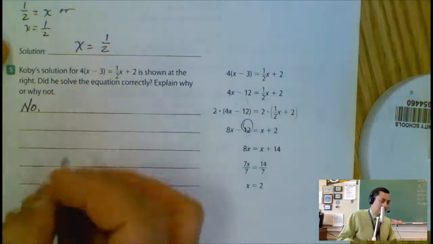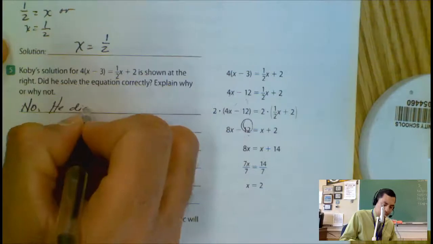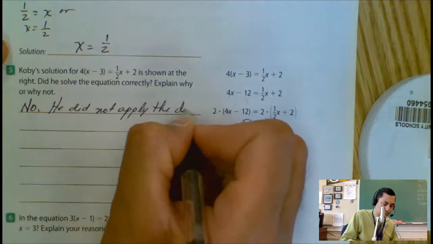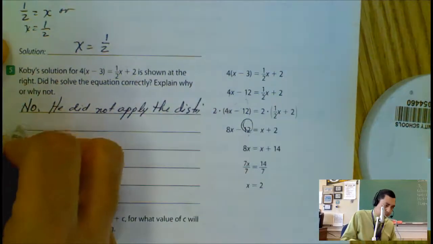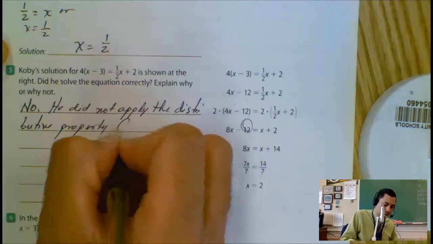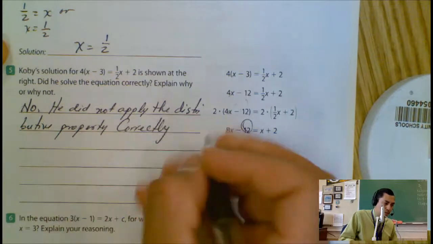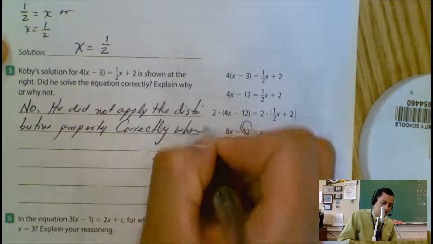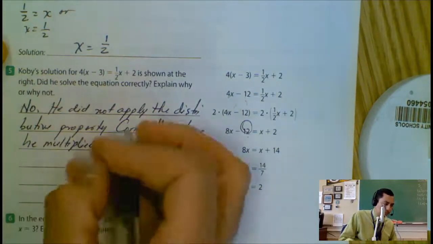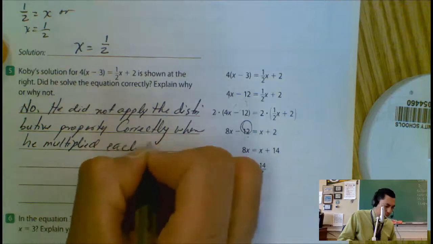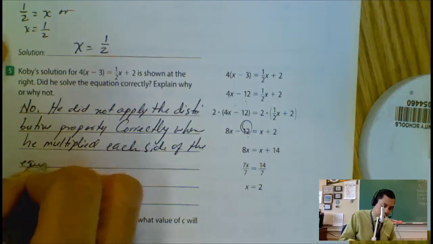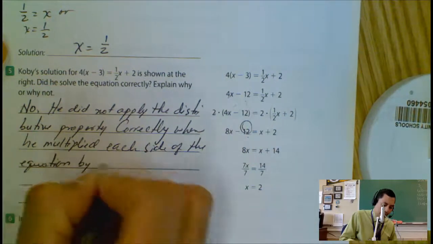So in this case, he did not apply the distributive property correctly when he multiplied each side of the equation by 2.